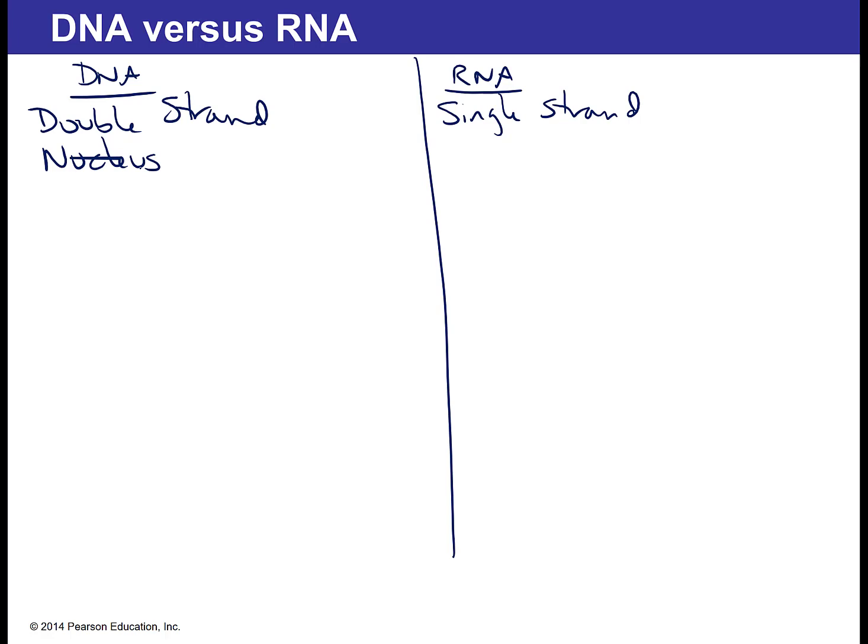DNA is located in the nucleus, and there it remains. The nucleus of every cell has its own enclosure, the nuclear envelope or the nuclear membrane. RNA, on the other hand, is actually made in the nucleus. It is made from DNA. However, it is transported into the larger compartment of the cell, which is the cytoplasm. So that's just the interior compartment.